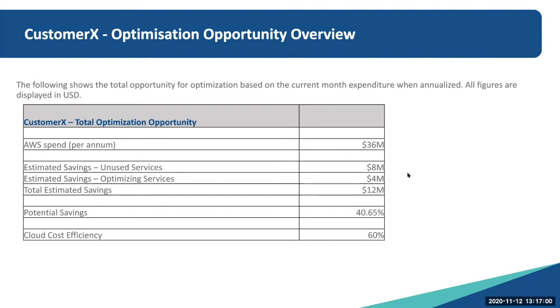We commonly find a significant saving in this space, and it's generally due to services being increased over the journey of an application. Maybe it's for an incident, maybe it's for an issue, and that issue gets fixed, but these configurations get left around.